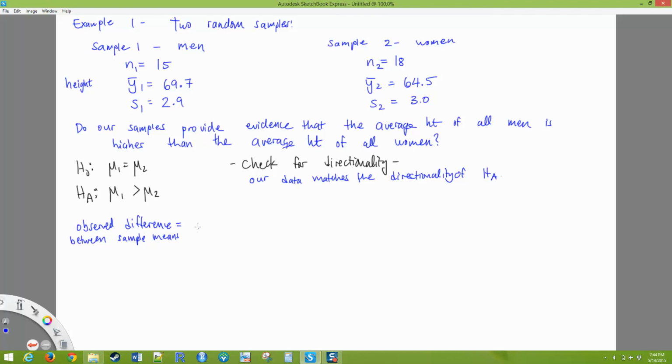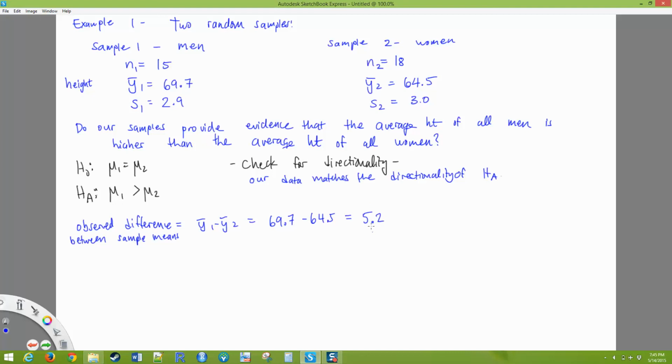So our observed difference would be y bar 1 minus y bar 2, which would be equal to 69.7 minus 64.5, and I get an observed difference of 5.2 inches. Okay? So actually, we'll just say 5.2.